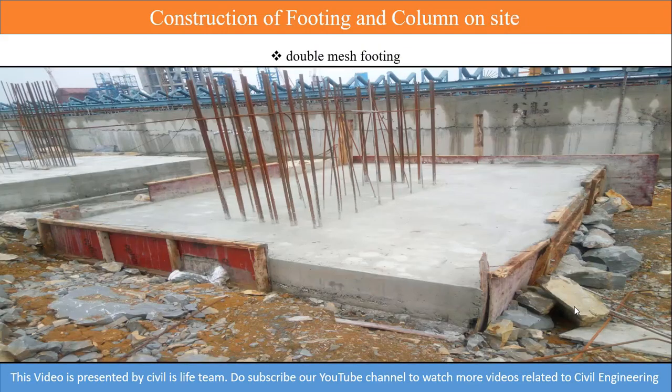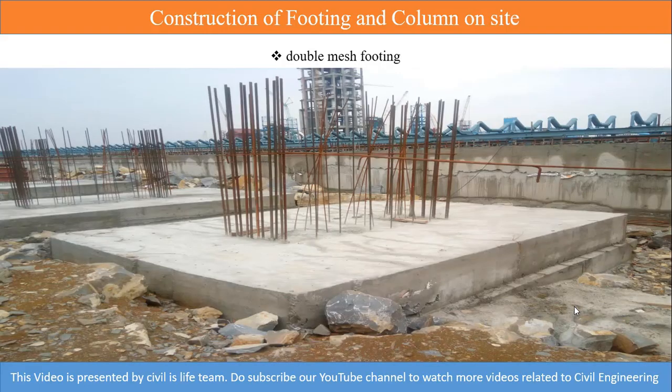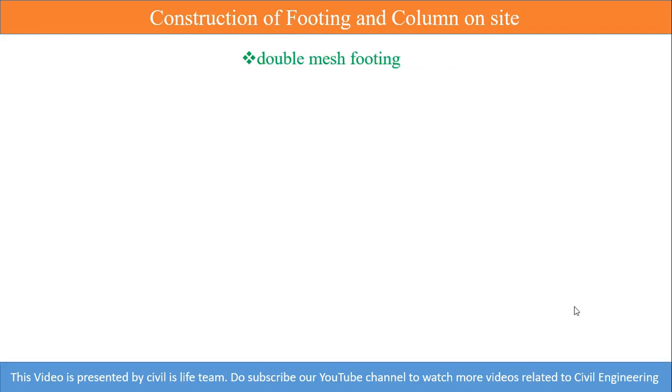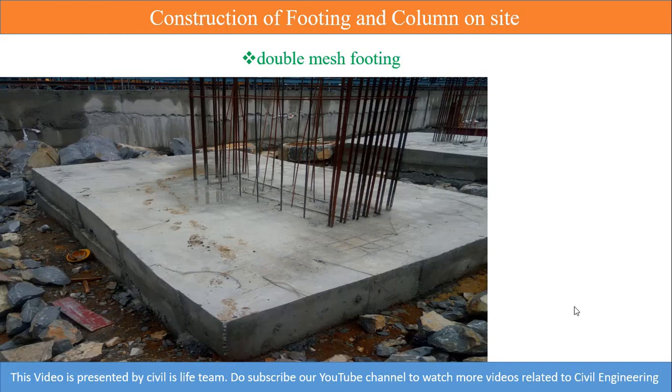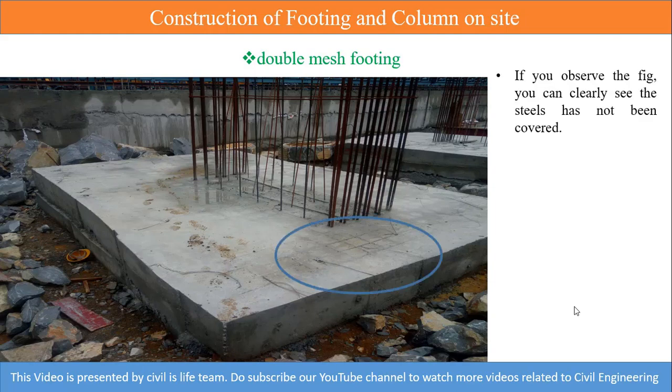After one day we are going to remove the shuttering. This is how it looks after removing the shutterings. Now if you look at this picture, at the round circle, you can see the bars are at the top only.